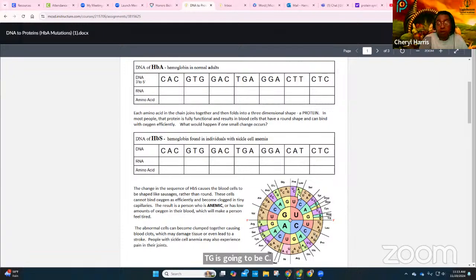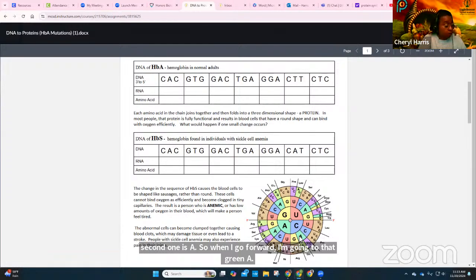So we go back to our wheel or your box, whichever one this particular worksheet has. Again, we're going to start with C, which is the blue one on the right side. Our second one is A. So when I go forward, I'm going to that green A. And see, this wheel is directing you which way to go.